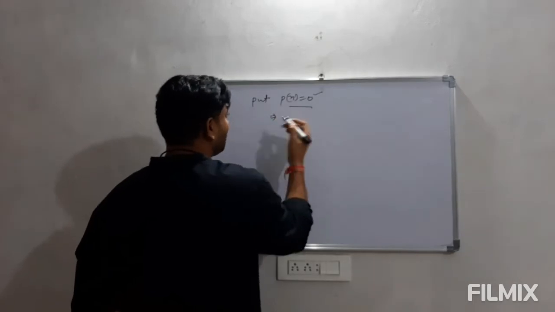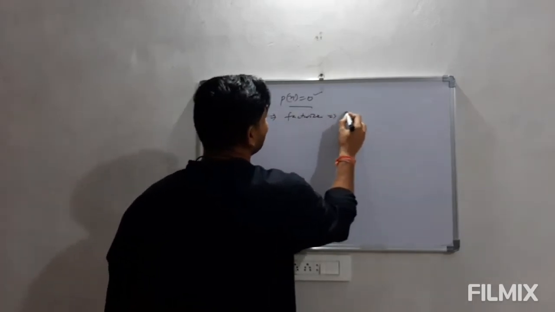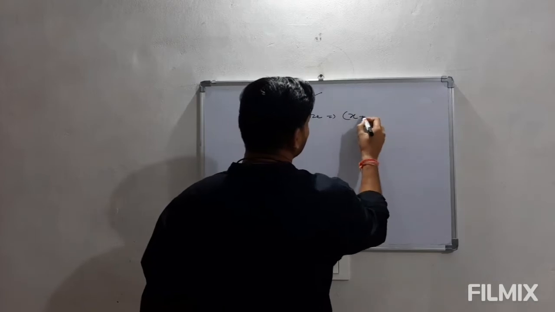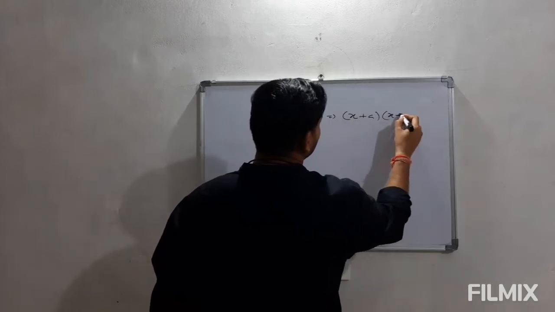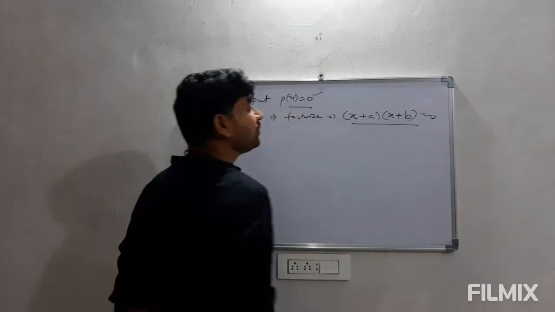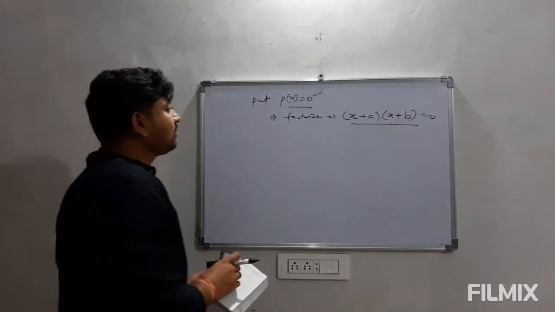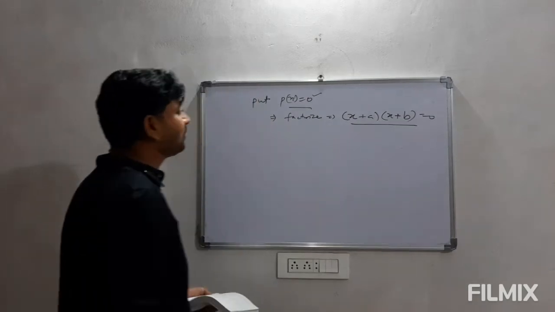Then we have to factorize, and we will get two factors like (x plus a) into (x plus b), and we will equate each of these to zero and get the values of x. So that will be the solution of this equation.